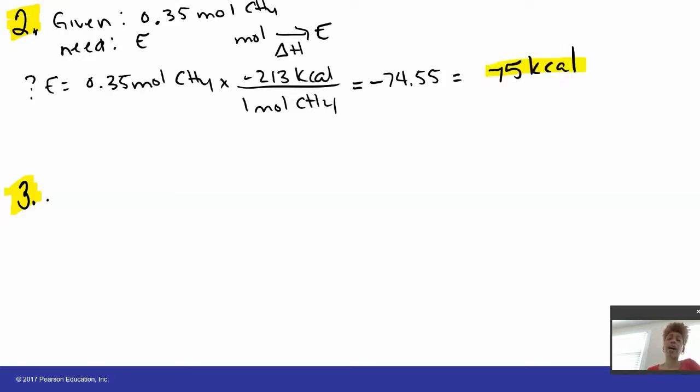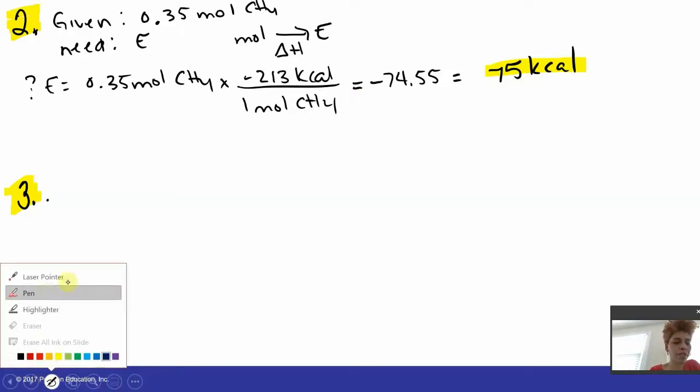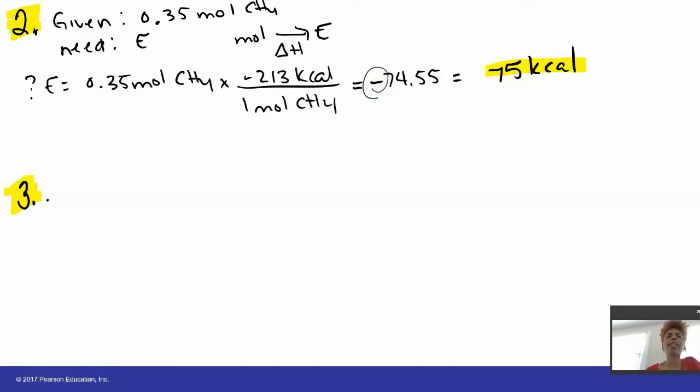Now, could I have used the kilojoules value? Absolutely. Now, why did I keep the negative? Well, I kept the negative because that lets me know that this energy is being released. But there is no such thing as negative energy, so the value that you would report based on your number of sig figs is going to be the positive value of 75 kilocalories.